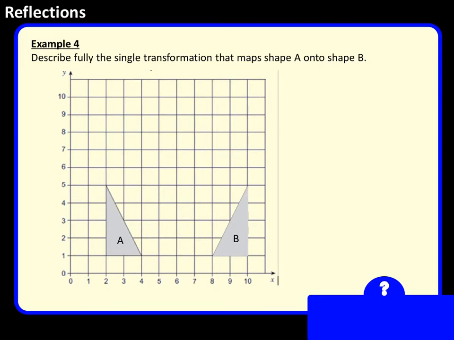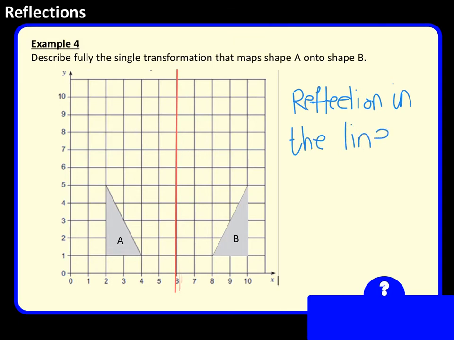So this suggests that the mirror line lies along that red line there, and then we've got to just use our algebra skills in order to describe it. So it's a reflection in the line, and then this line is a vertical line crossing through the x-axis at 6, so the equation of that line is x equals 6.